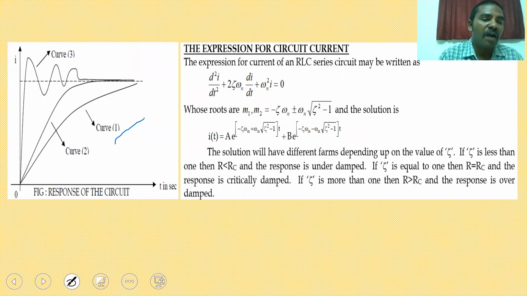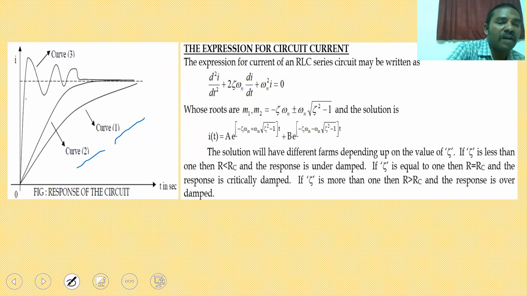Coming to the second case, where the roots are equal, the response is very fast with less overshoot. And in the third case, the complex conjugate roots, you get oscillations.